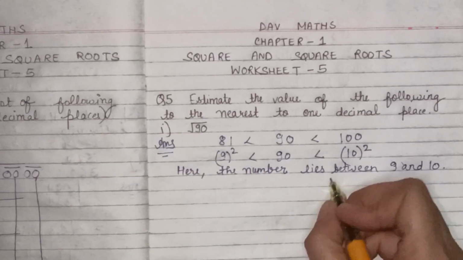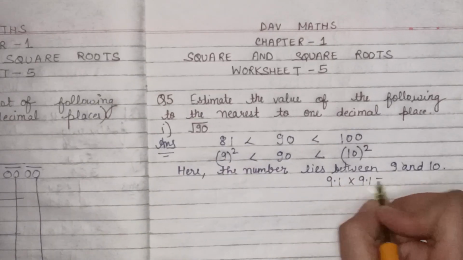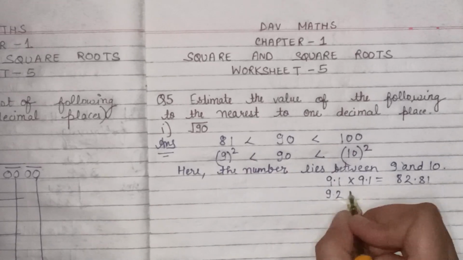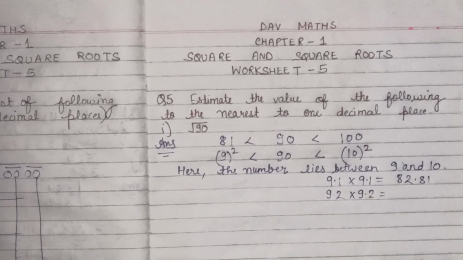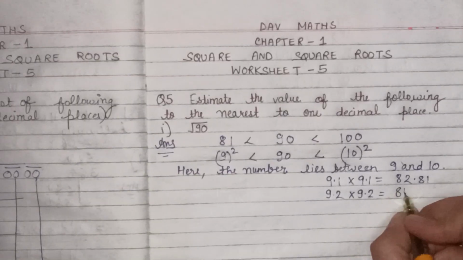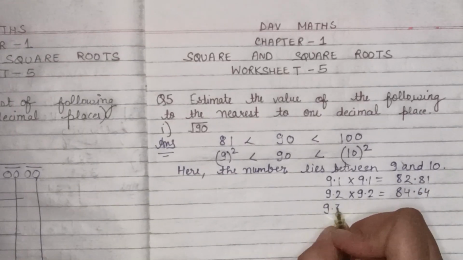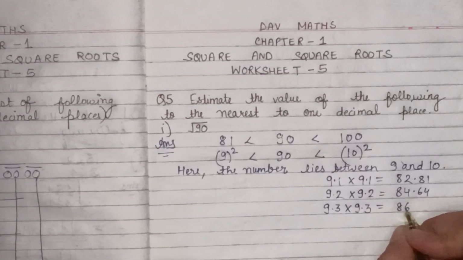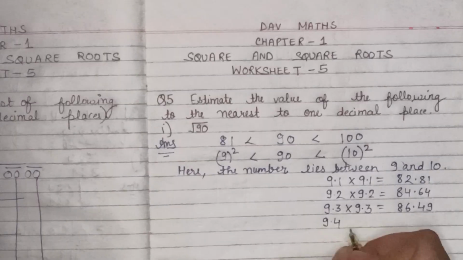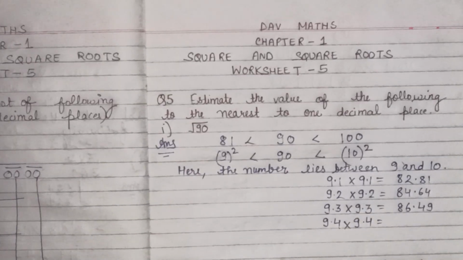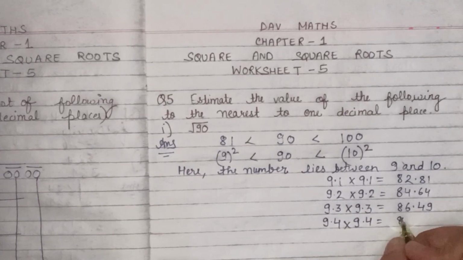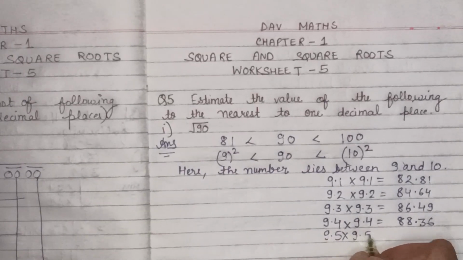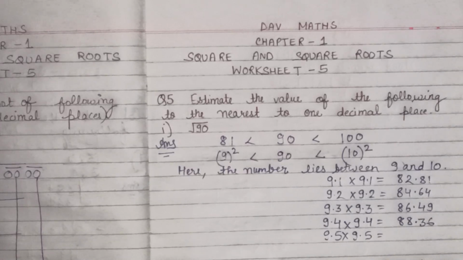I write 9.1 times 9.1 is equal to 82.81. 9.2 multiplied by 9.2 is equal to 84.64. 9.3 multiplied by 9.3 is equal to 86.49. 9.4 multiplied by 9.4 is equal to 88.36, and 9.5 multiplied by 9.5 is equal to 90.25.